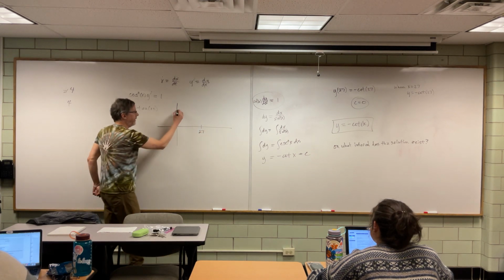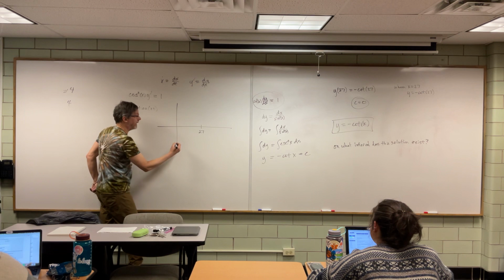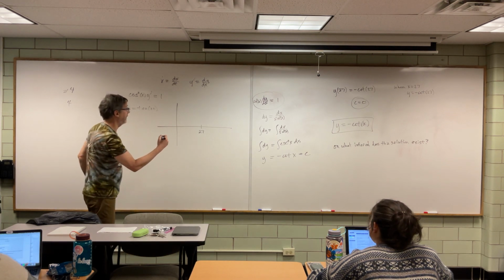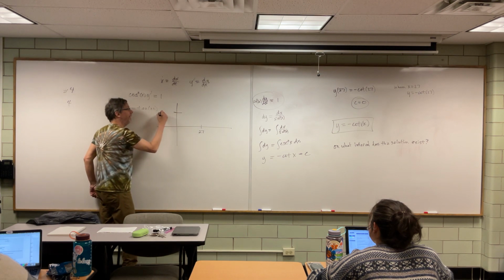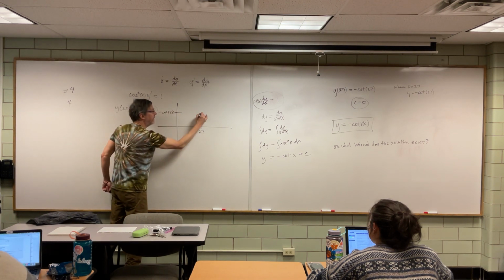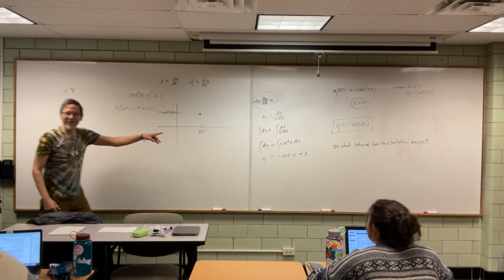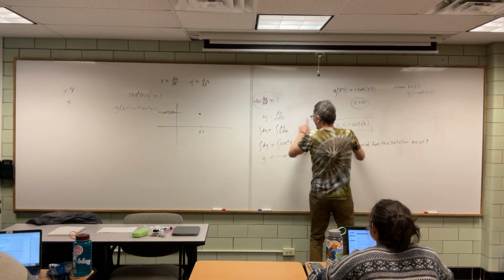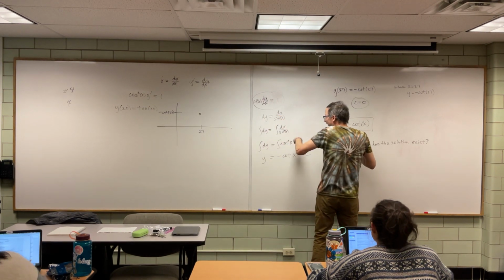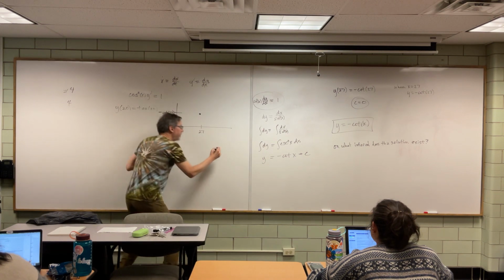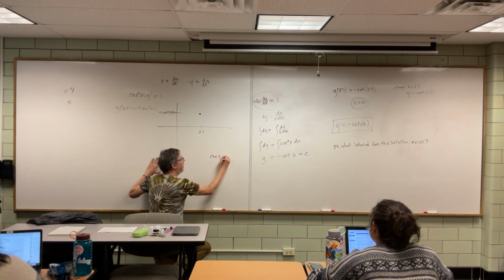Actually, I don't know what cotangent of 27 is. I'm just going to pretend it's this. So I need to make sure that cosecant is defined around this thing. Now cosecant is equal to 1 over sine.